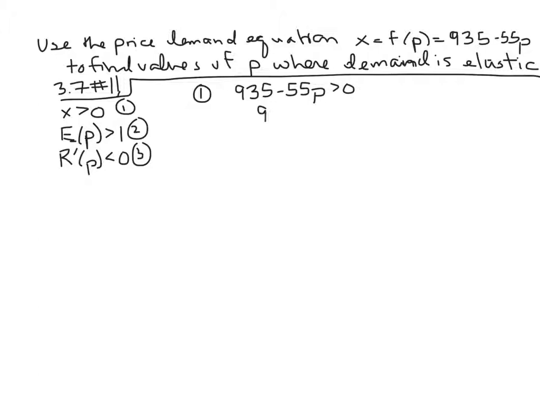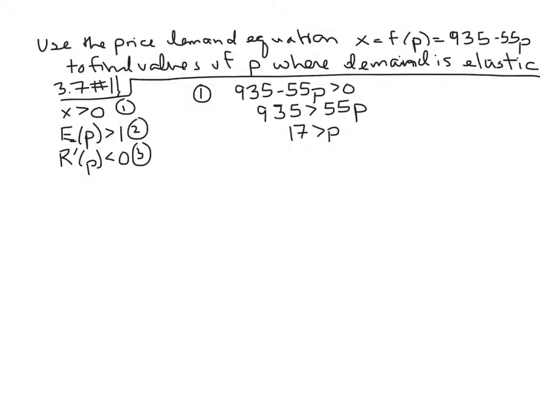So I'm going to add 55p to both sides, divide by 55, and so P has to be less than 935 divided by 55, which is 17. So no matter what, this price needs to be less than 17.